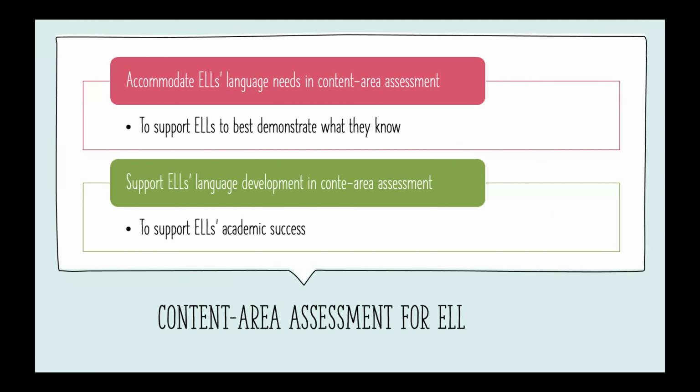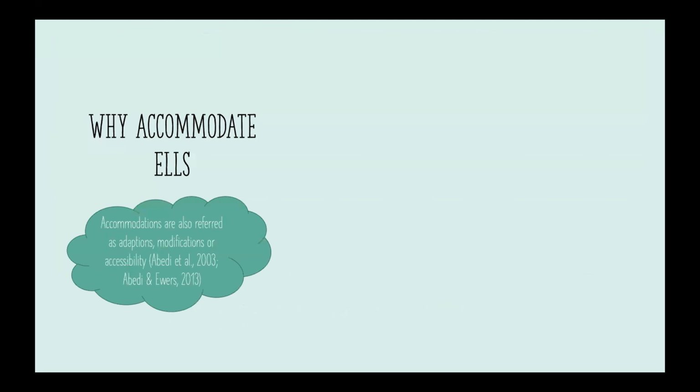The other task is to support our English language learners' academic success, because we still want to hold high expectations. We want to use assessment to gather learning evidence from our English language learners, but at the same time support their language development along with their content development. These are the two major tasks, because our English language learners need to develop both language and content at the same time. That could be one challenge.